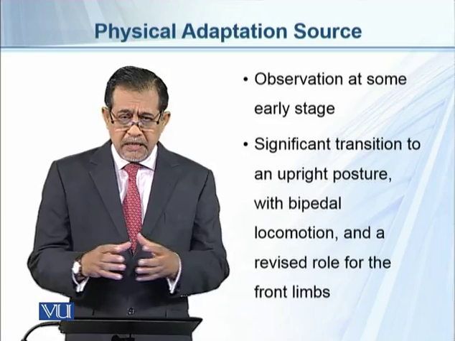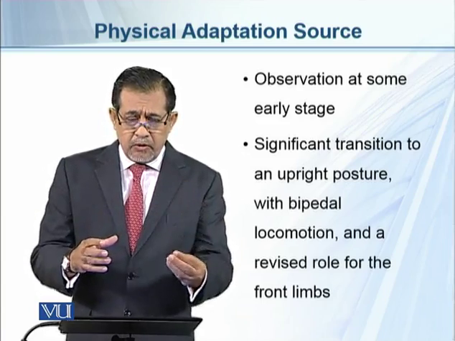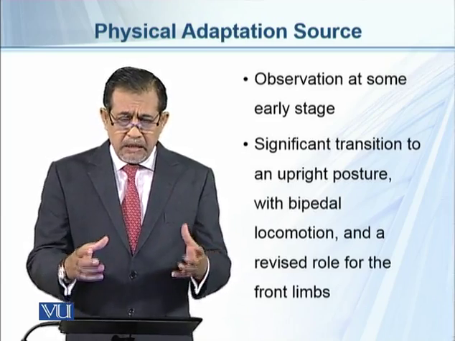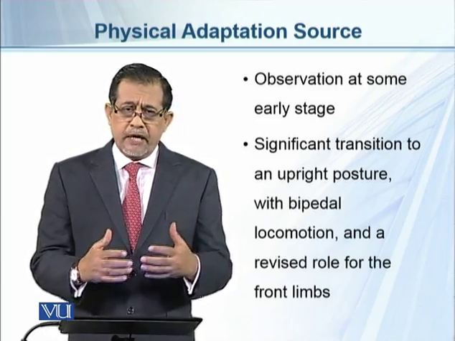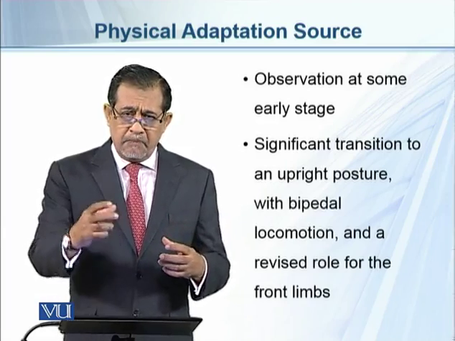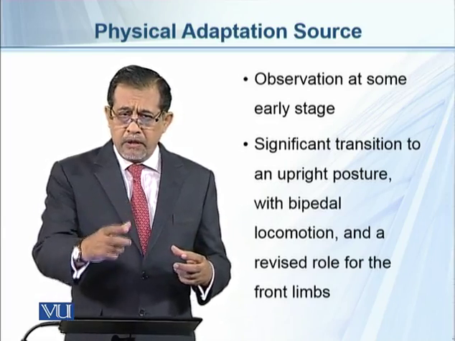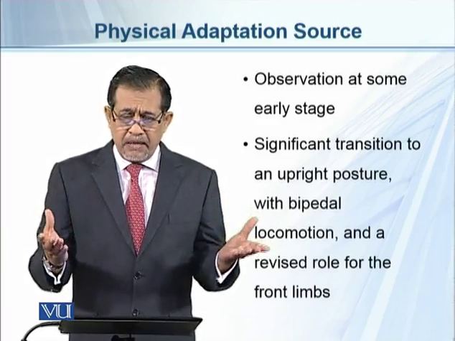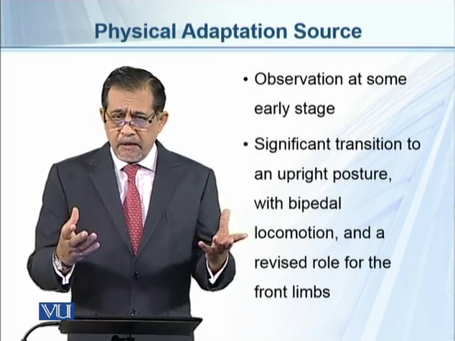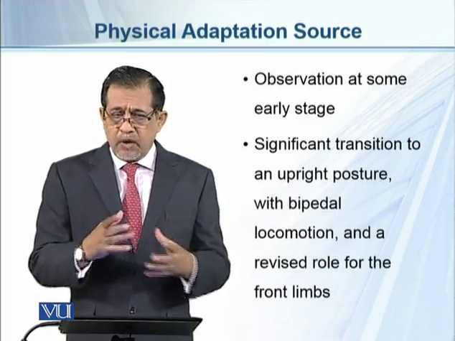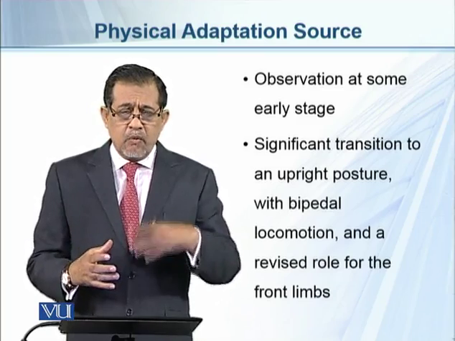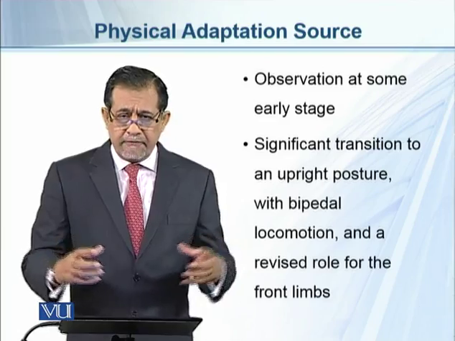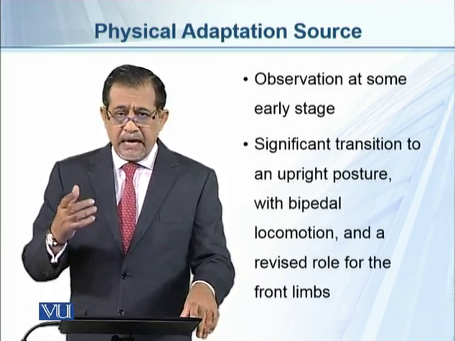A human child is born very weak, but in a very short period of time, the human baby starts walking on 2 feet, and the 2 upper limbs are used for other purposes. So this can be one of the reasons why human beings have language. They develop differently from the animals.